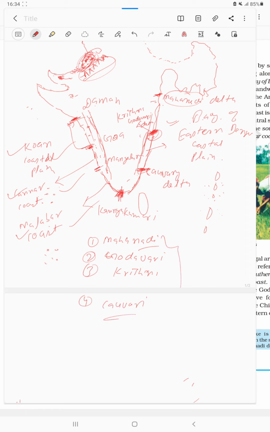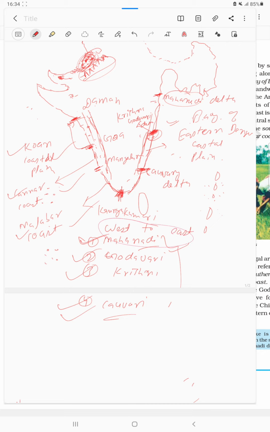So all the main rivers of southern India flow in the eastern coast and fall into the Bay of Bengal. All these rivers drain into where? In the Bay of Bengal. These rivers run from west to east.